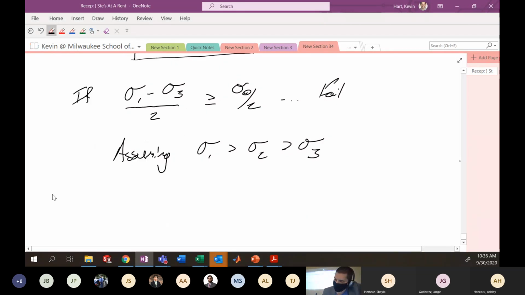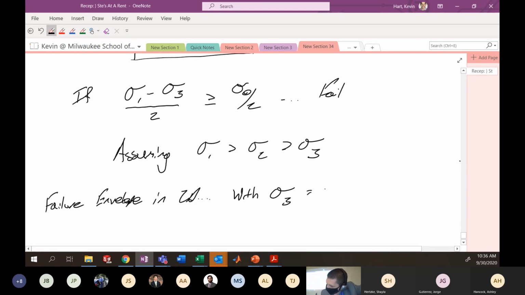All right, if we want to look at the failure envelope here, so for 2D plane stress with sigma 3 assumed 0, so your out of plane stress is 0.